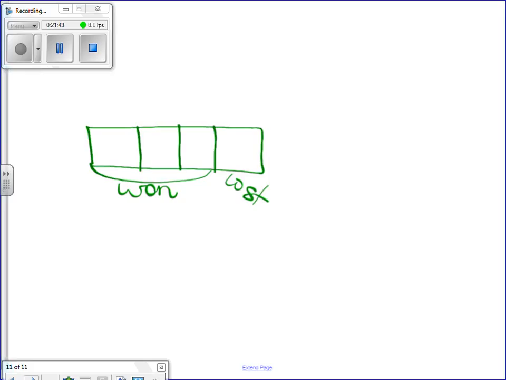If they lost 21 games, that means each square would be 21. So then what? 21 times 4. How many games did they play the entire season? 21 times 4 equals. How can you figure out how many games they played? 84.